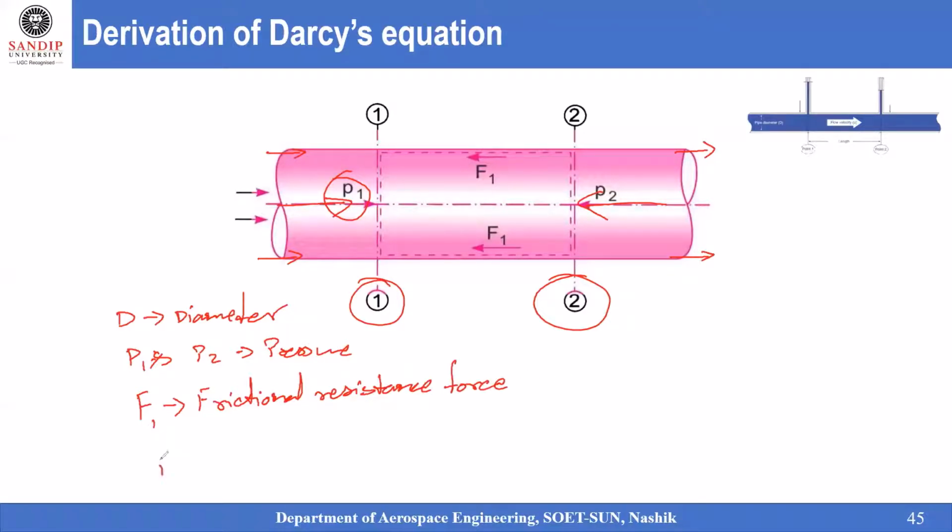Let us define some more terms. Let F dash be the frictional resistance inside the pipe, over the wetted area.